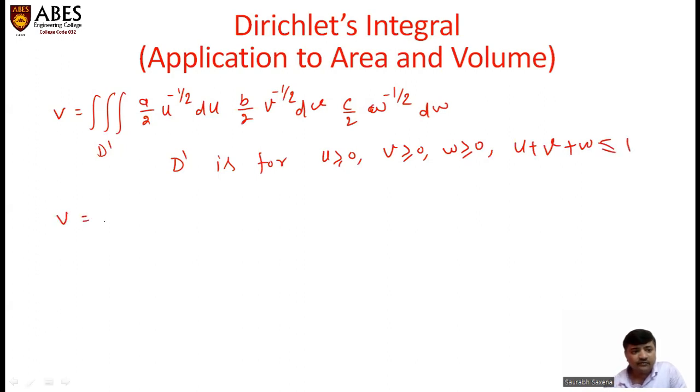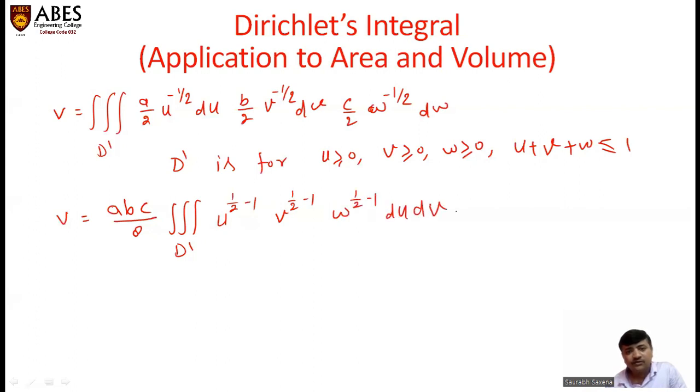So we get the volume as abc by 8 triple integral over D dash, u raised to the power 1 by 2 minus 1, v raised to the power 1 by 2 minus 1, w raised to the power 1 by 2 minus 1, du, dv, dw.